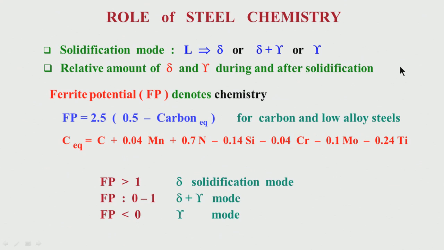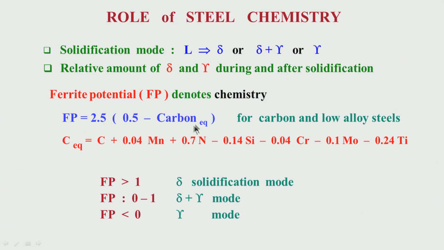So, ferrite potential is an indication of chemistry. Simply, if I describe it, it denotes chemistry in terms of the carbon equivalent of a particular grade of plain carbon or low alloy steel.